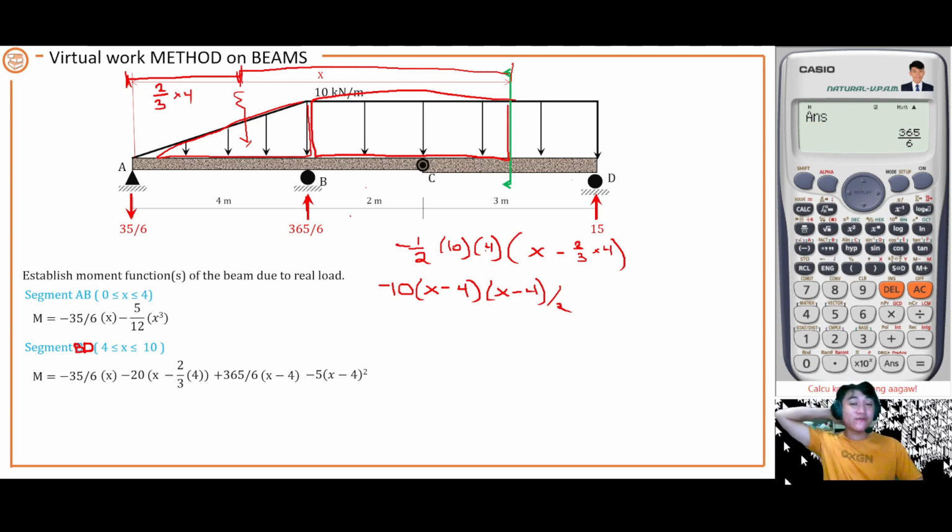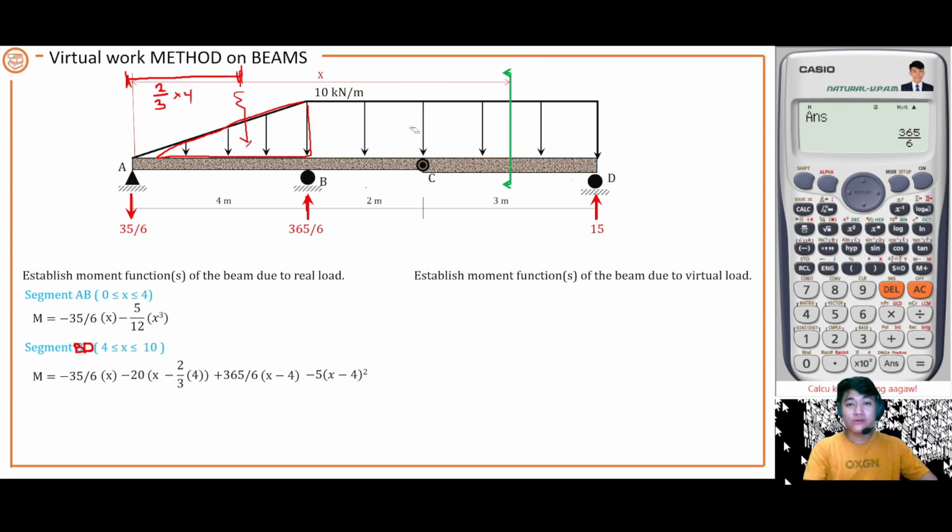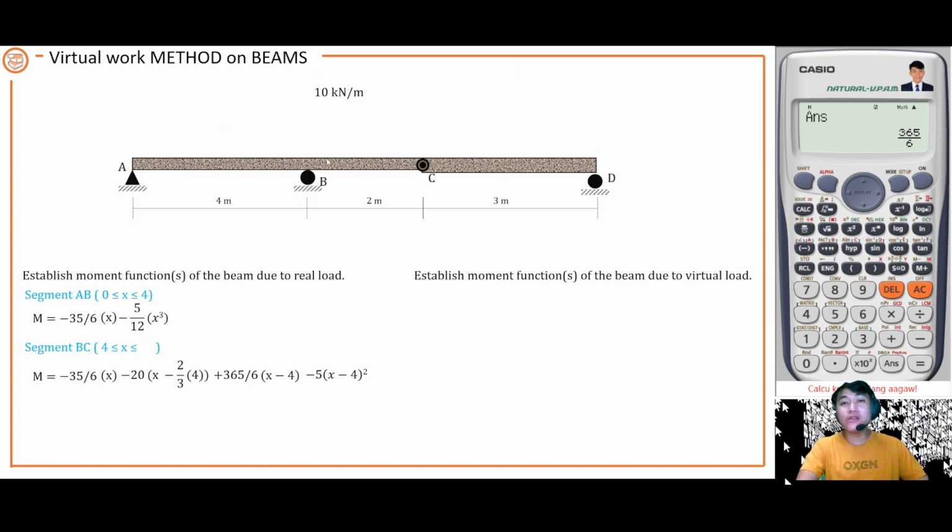We only have two segments for this figure. Now we proceed with the moment functions using virtual load. For this problem, we are going to get the slope and deflection at point C. So obviously you are going to remove all the loads here.